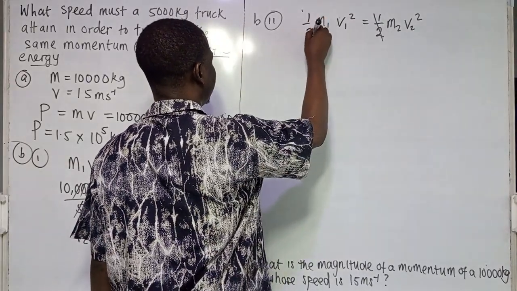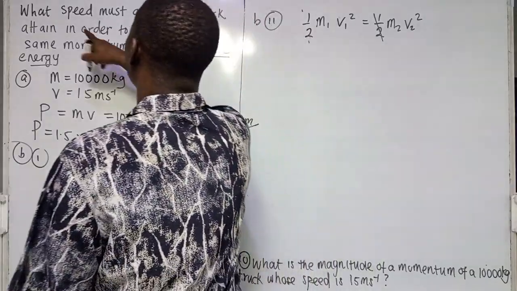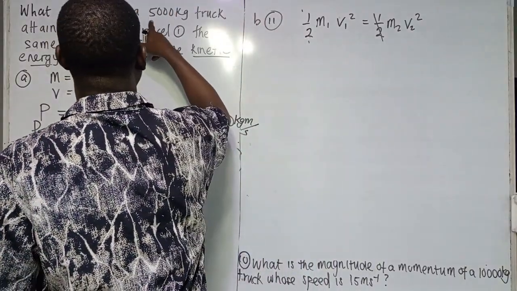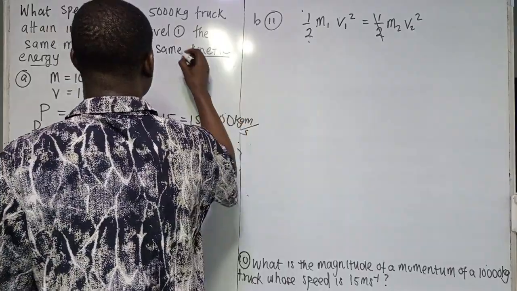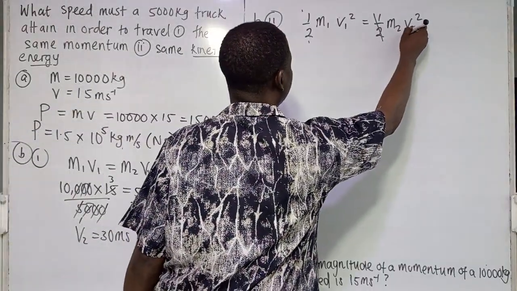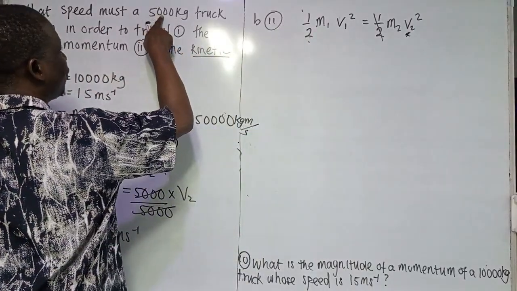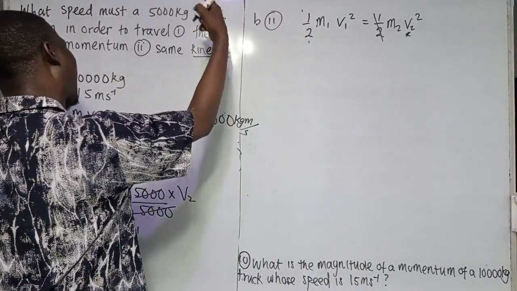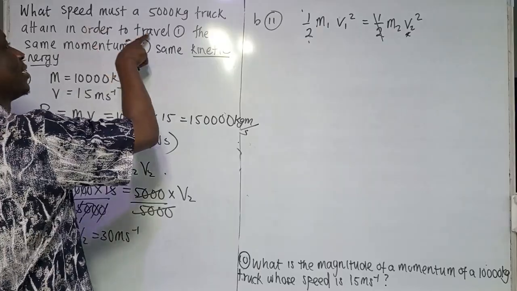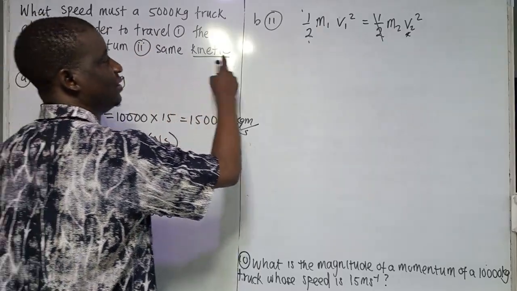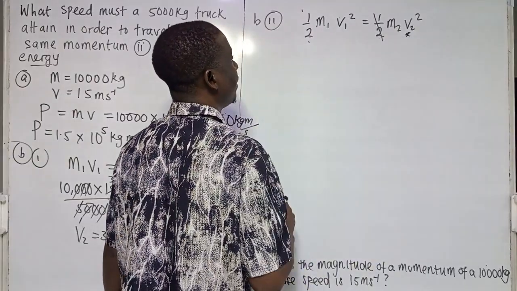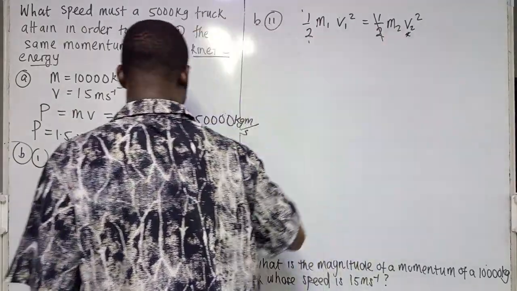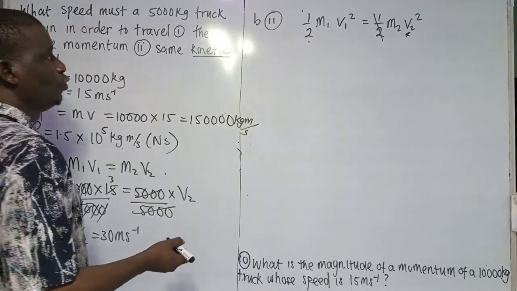No need to stress myself. They ask what speed must this 5,000 kilogram truck attain in order to have the same kinetic energy. That means I'm looking for V2, but you know this V2 will be different from the previous one.